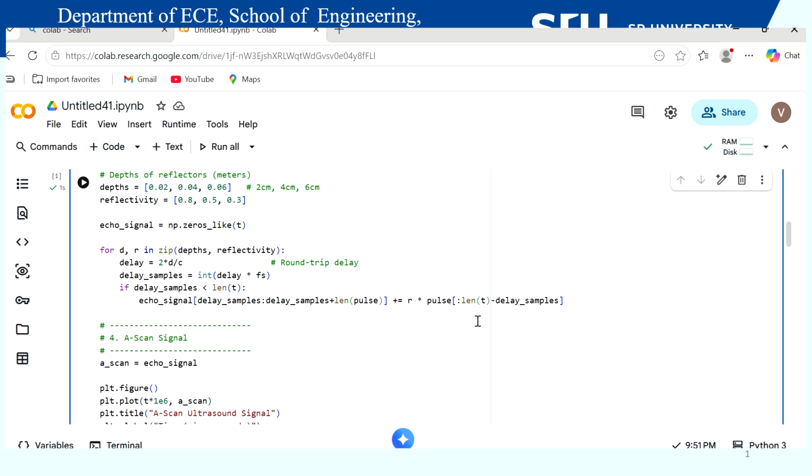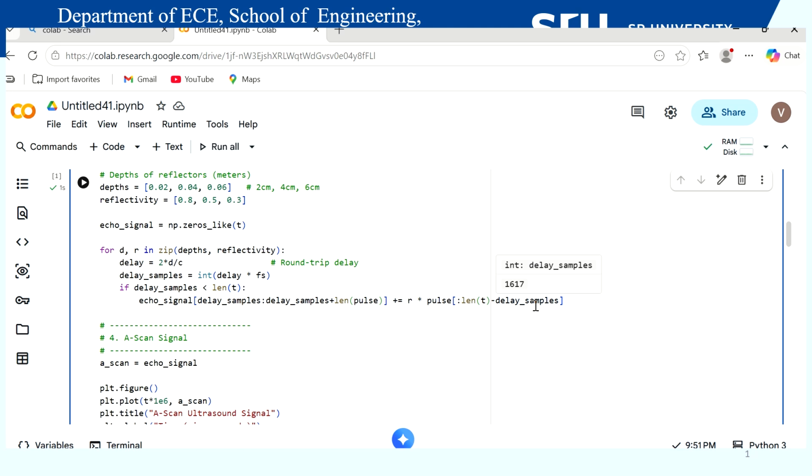This expression shifts the transmitted pulse by the delay amount and multiplies it by reflectivity. That is, if it is reflected, the amplitude automatically becomes reduced. So we get delayed echoes at the correct times.